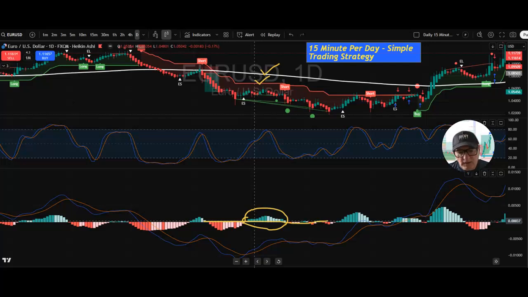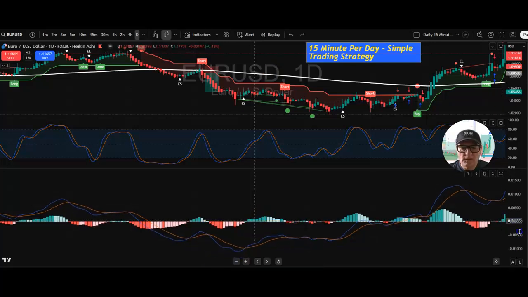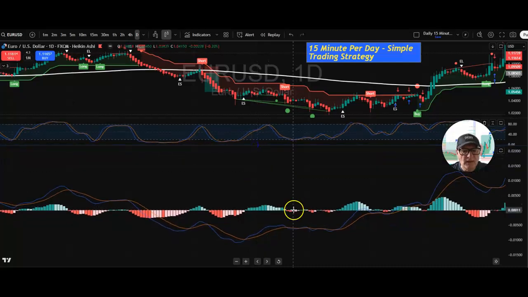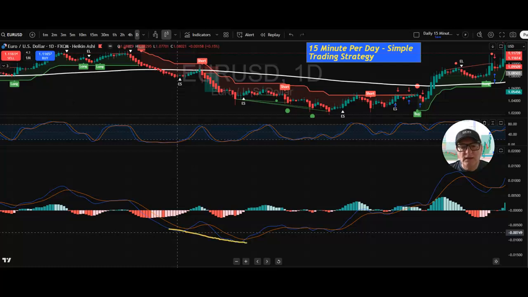And by the way, in this previous move here, if we look at the MACD signal line, let's grab that, there it is. We can see that the previous move was achieving lower lows on the signal line and lower lows on the price action.